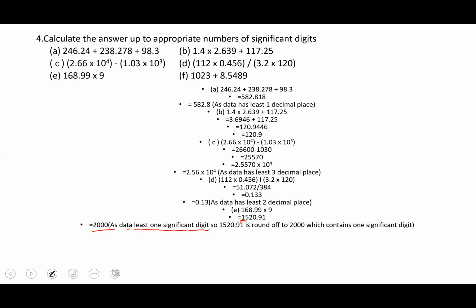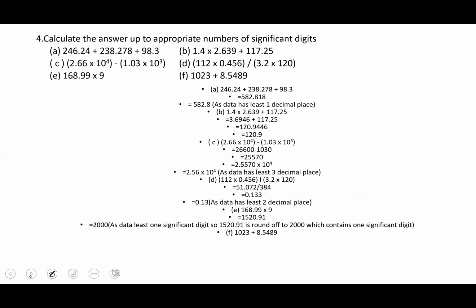So it is 1520.9. So it is rounded up to 2000, which contains only 1 significant figure because in the question it was given only 1 significant digit. Or we can say it like 2 into 10 to the power 3. So we can show it over here that it is only 1 significant digit.